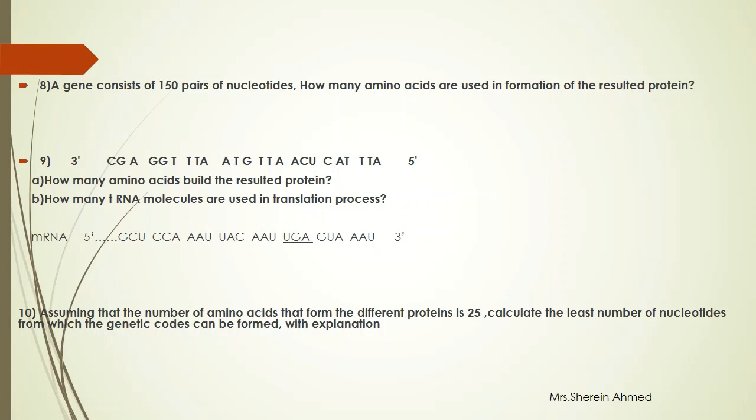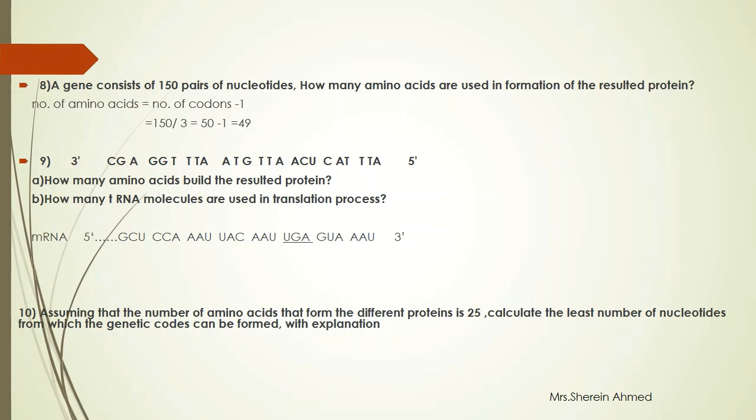So one strand from 3' to 5', from which the messenger RNA is transcribed, contains 150 nucleotides. So the number of amino acids equals the number of codons minus 1. And you remember also the number of codons equals the number of nucleotides divided by 3. So 150 divided by 3 equals 50, minus 1 stop codon, equals 49.